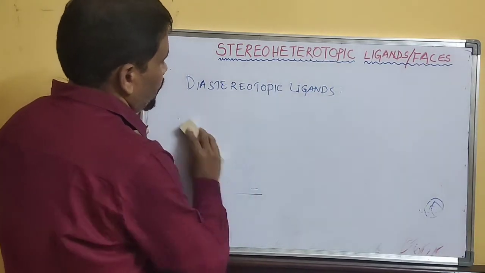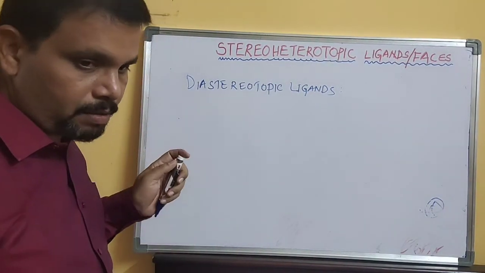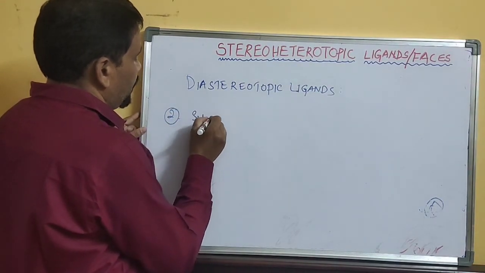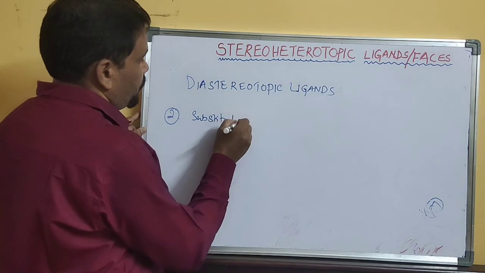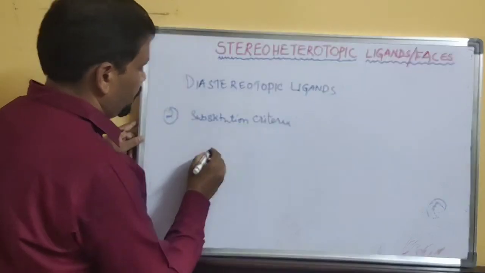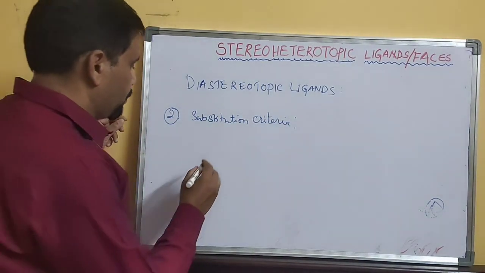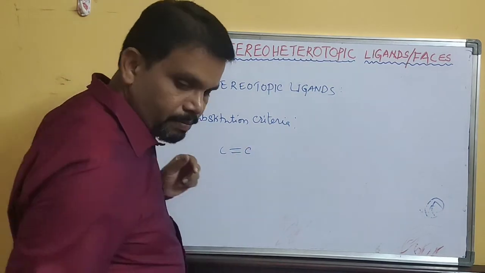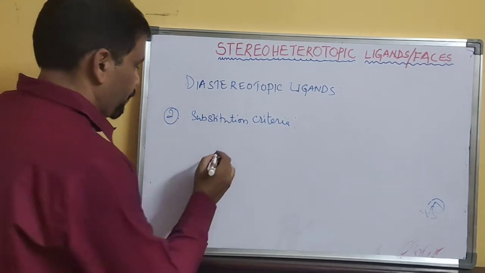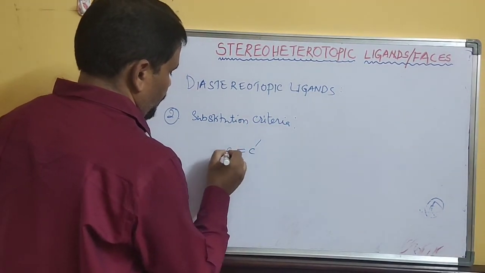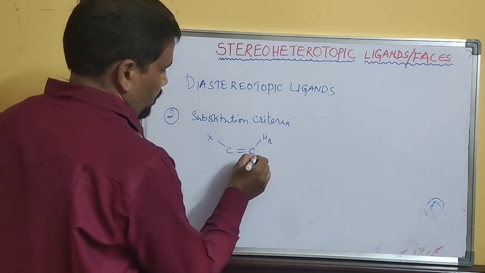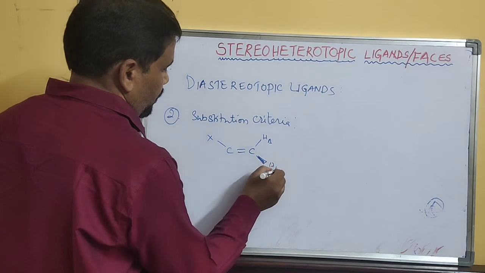Okay, so finally I'll put the second one, the substitution criteria. Suppose I'll give some example by which you can understand. X, HA, HB.